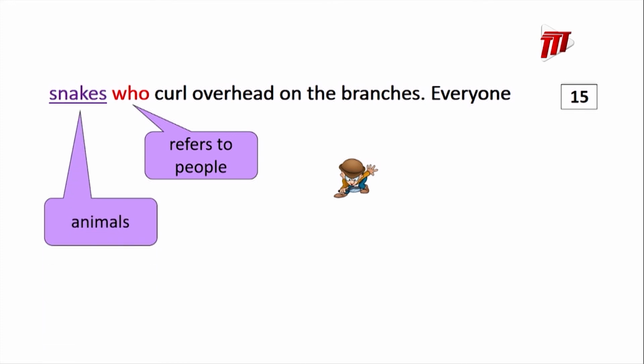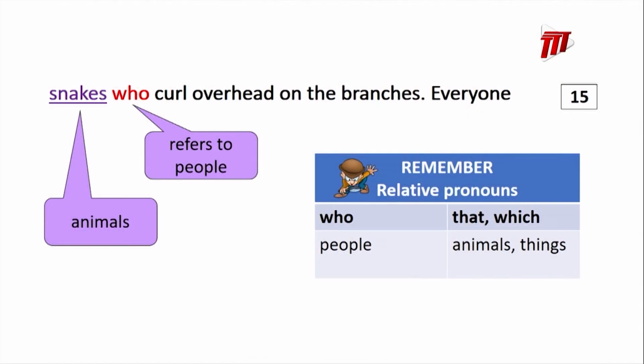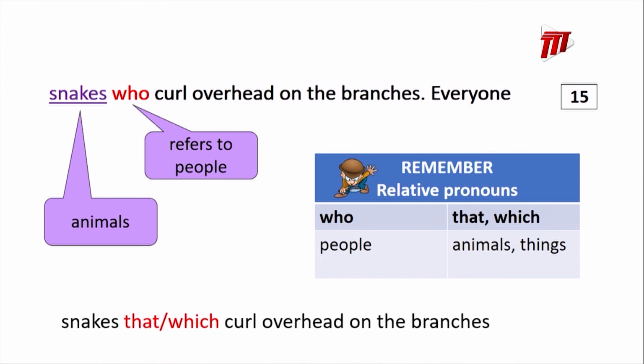Yes. We use that or which to refer to animals and things. So who refers to people. That or which refers to animals or things. So instead of saying the snakes who curl overhead on the branches, we should say the snakes that curl overhead on the branches or the snakes which curl overhead on the branches.